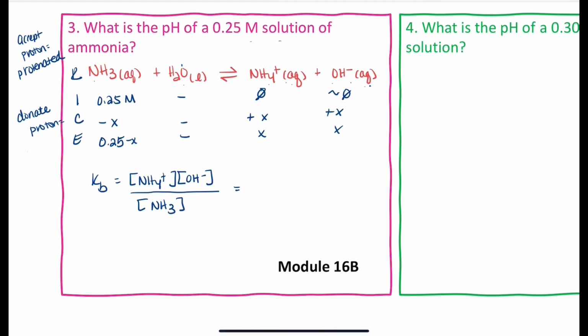Plug in what we know from our table. Again, x and x, and 0.25 minus x. So I've got x squared over 0.25 minus x, and this equals that 1.8 times 10 negative 5 that we'd written down for ammonia already.